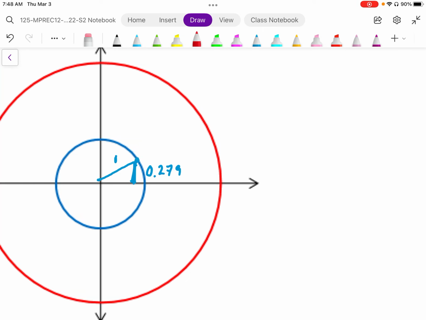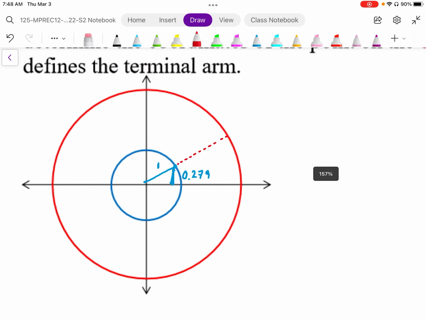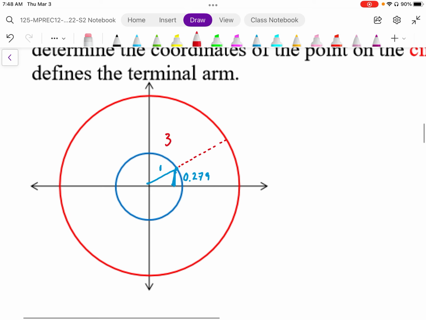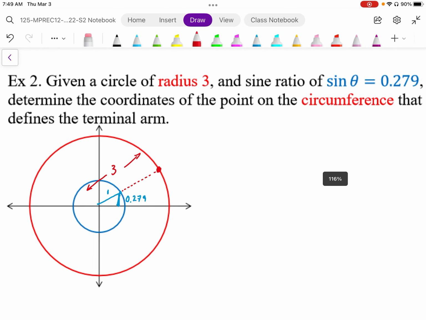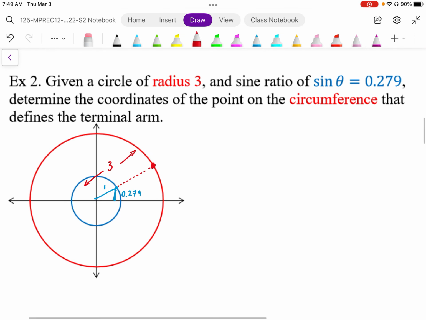What I'm being asked for is a bigger circle with radius 3. So this red circle has radius of 3, and I want to find the point on the circumference of the circle. We need the coordinates of that point.